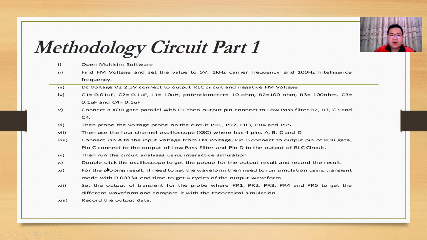For the probing result, if we need to get the waveform, then we need to run the simulation using transient mode with 0.00334 end time to get 4 cycles of the output waveform. So set the output of the transient for the probes PR1, PR2, until PR5 to get the different waveforms and compare them with the theoretical simulation. Then record the output data.